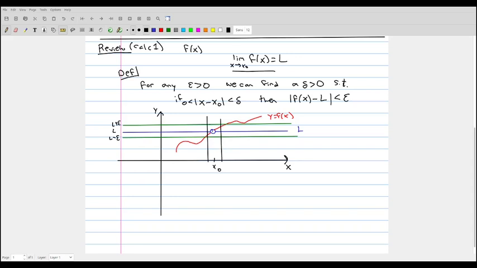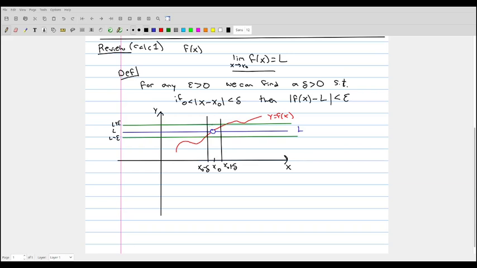This is the box right here. So say x naught plus delta, x naught minus delta. So no matter how close you want to get to the limit in the range of the function, you can always find a region in the domain that traps the function inside this box.